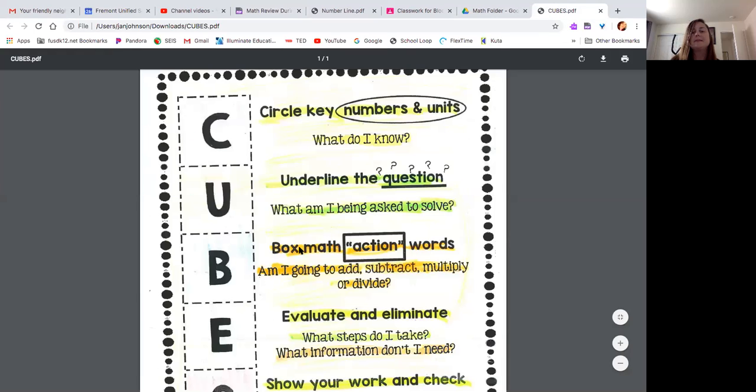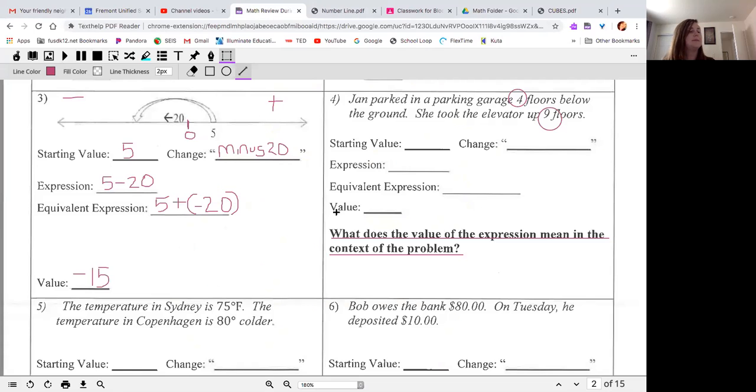Now box the action words. What are our action words? This one is a little tricky because if I'm only looking here, I may not find it. So I have to make sure I have a nice vocabulary to help me figure it out.